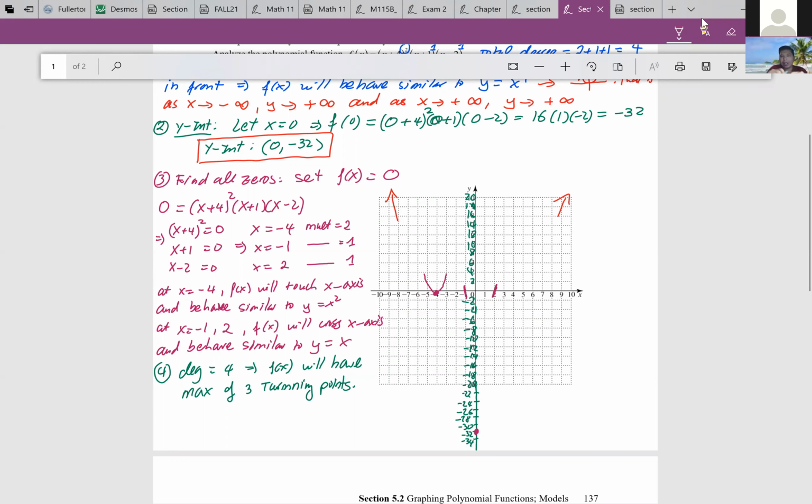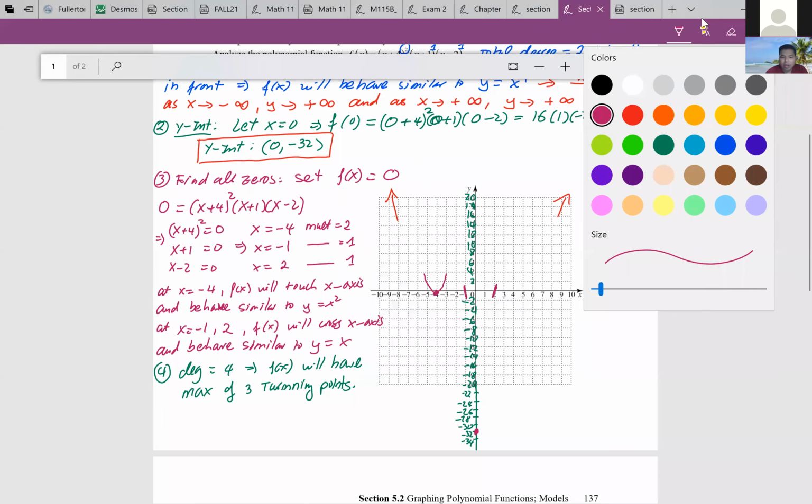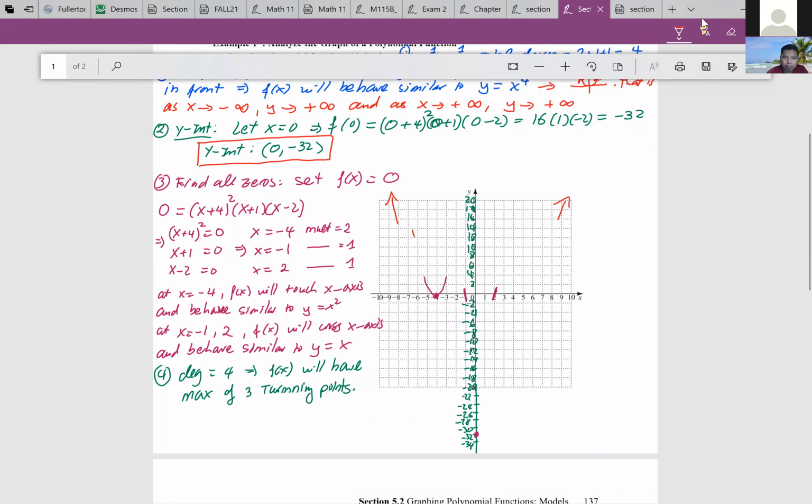Remember, in the ending, it has to point upward in both directions. So we have one turning point at x equal to negative 4 already. So if we have anything else, it will be the other two. Now we can make a rough sketch to see what it looks like. It has to go both directions that way, so it matches the description. It touches and turns around.